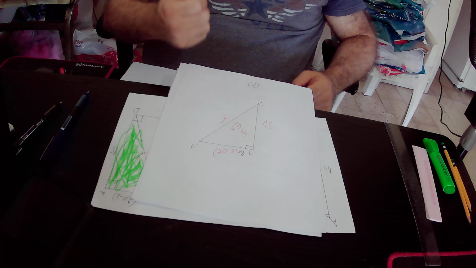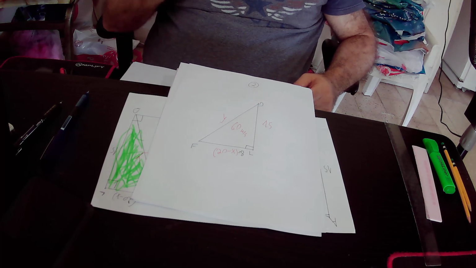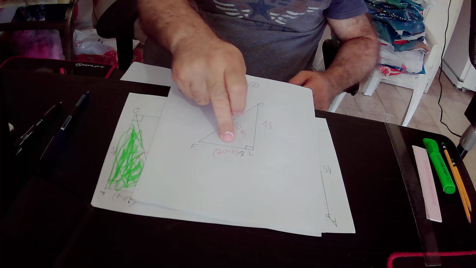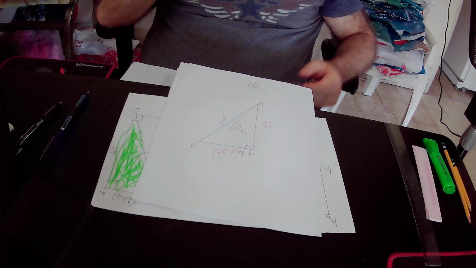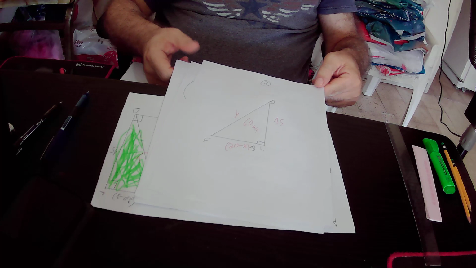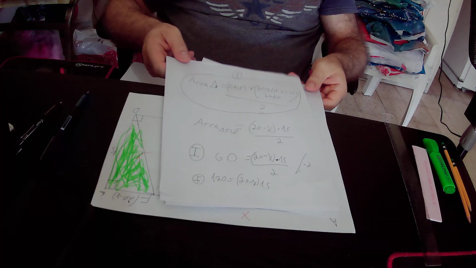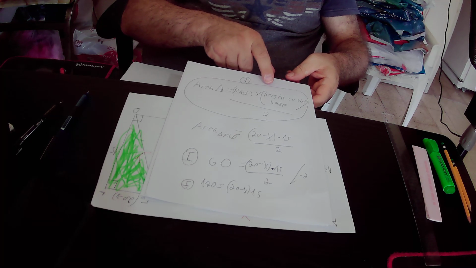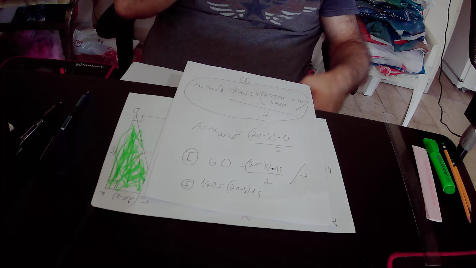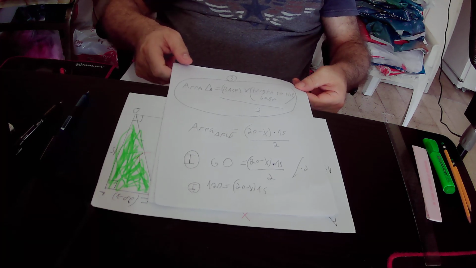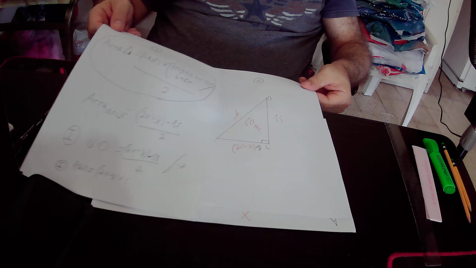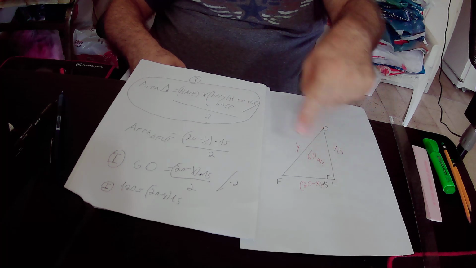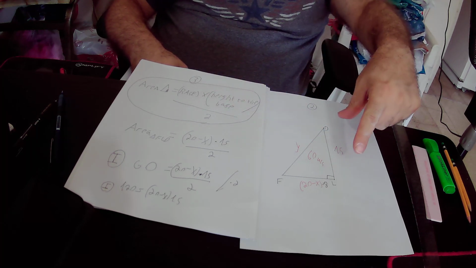So we can use the formula for the area of a triangle in order to find out the value of x. The formula for the area of any triangle equals the base of the triangle times the height to the base, over 2. So the area of this right triangle equals the base, that is 20 minus x, times the height.